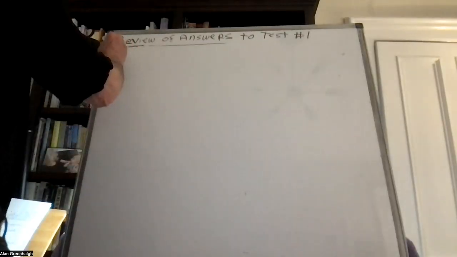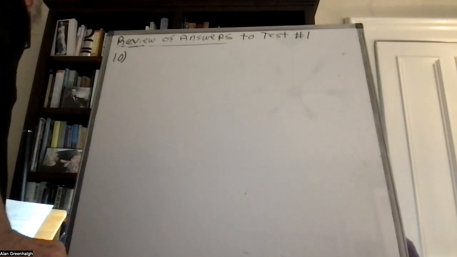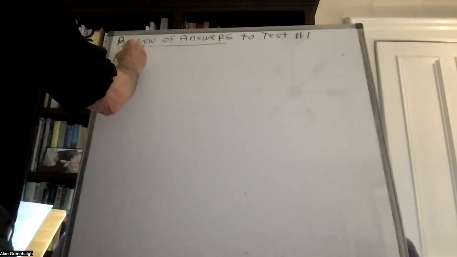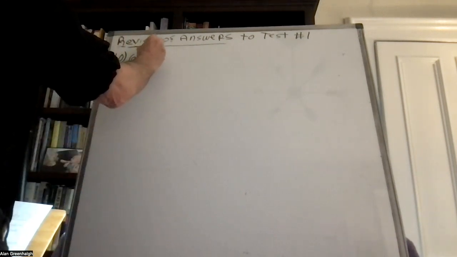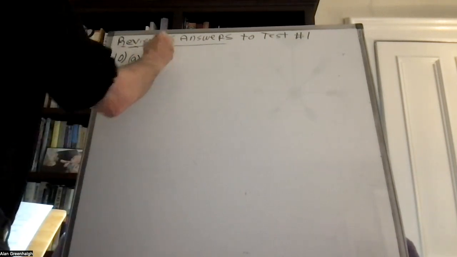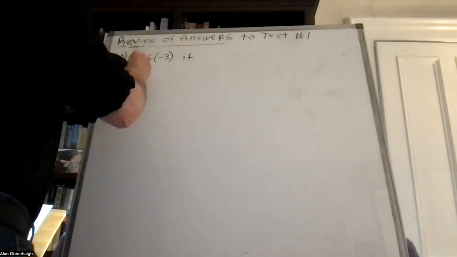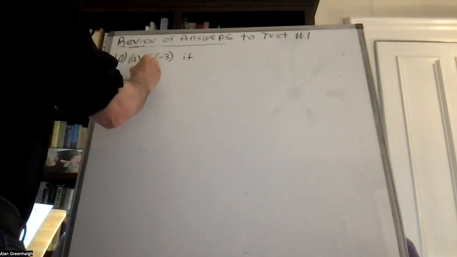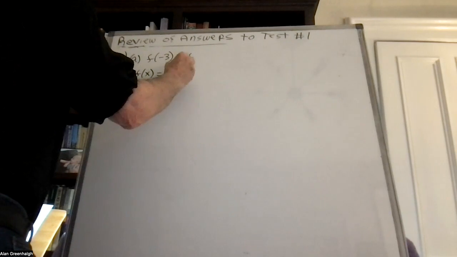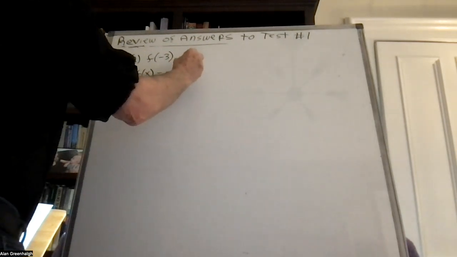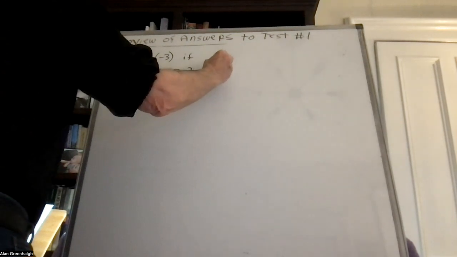Problem number 10. Answer each question below. Question A. Find f of negative 3 if f of x is equal to negative 5x squared, positive 7x, negative 5.